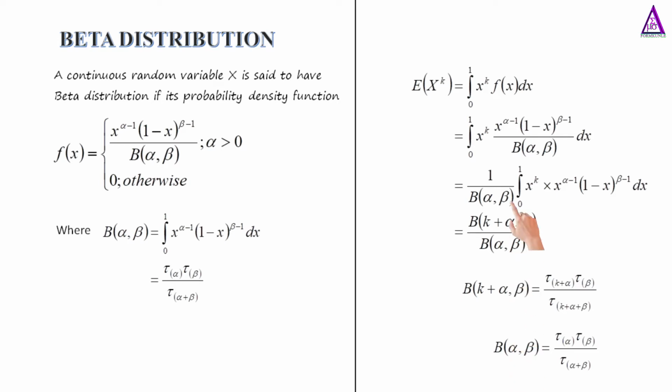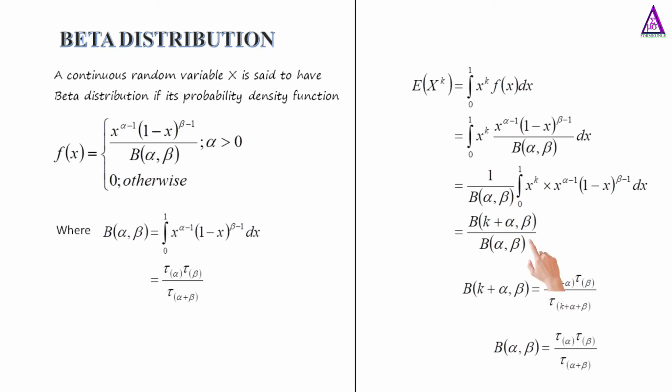We factorize 1 divided by B of alpha comma beta out of the equation, leaving the integral from 0 to 1 of x raised to the power k multiplied by x raised to the power alpha minus 1 into the bracket 1 minus x raised to the power beta minus 1 dx.